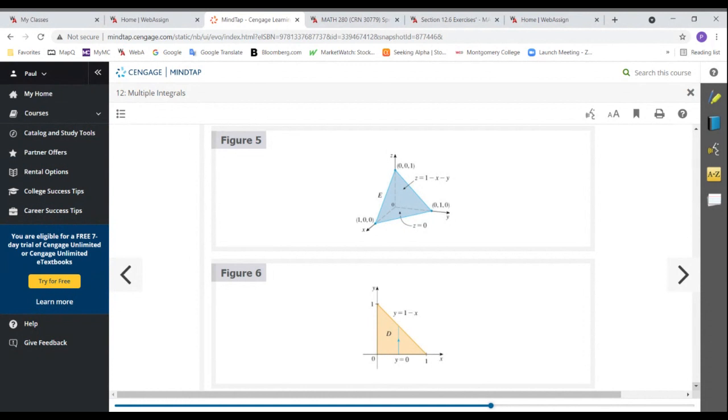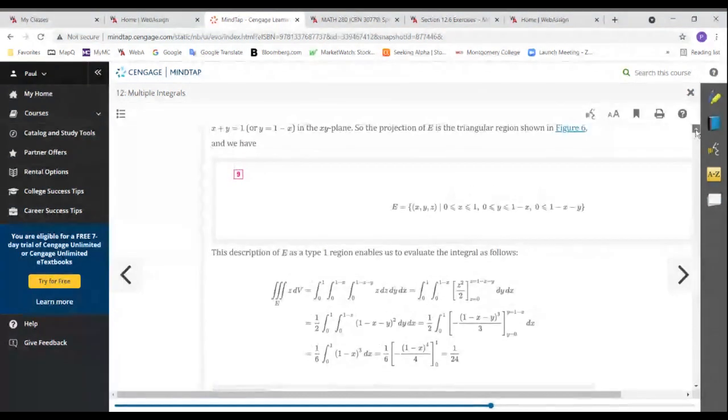These type 1 regions, incidentally, they call the region E a solid region. I like to think of it as a solid, but they call it a solid region. And a type 1 solid region is where your boundary surfaces are above and below.